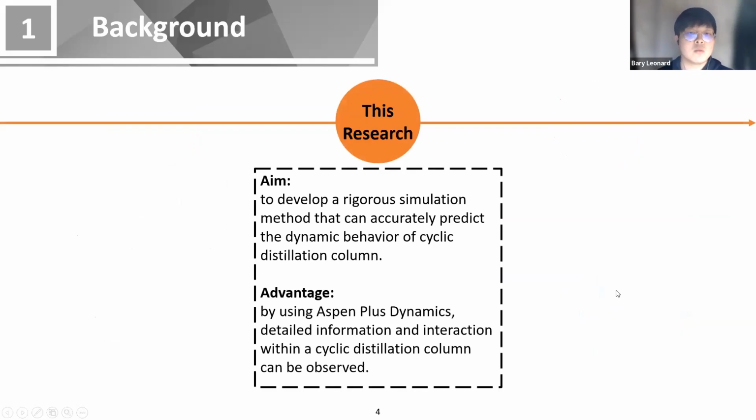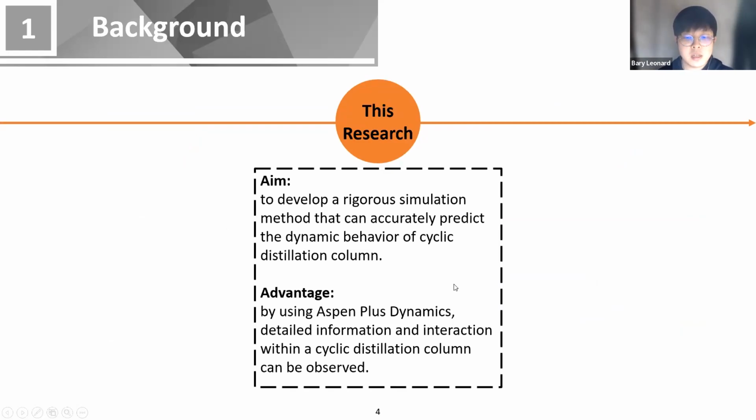So the aim of this work is to develop a rigorous simulation method that can accurately predict the dynamic behavior of a cyclic distillation column. Because so far, there has been very little work that talks about the simulation of this column, and there is no direct solution. Even using Aspen Plus, there is no model to be used to simulate the cyclic distillation.